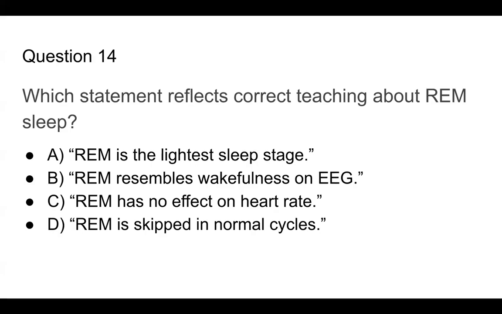Because once you start getting into stage two, you see the decrease in the temperature, the decrease in the heart rate, the decrease in the BP, and that's normal. But for REM, I'm so sorry, guys. For REM, we see the wakefulness because of the increase in blood pressure and heart rate. It also shows high brain activity because it's not light sleep, and that's why it resembles wakefulness.